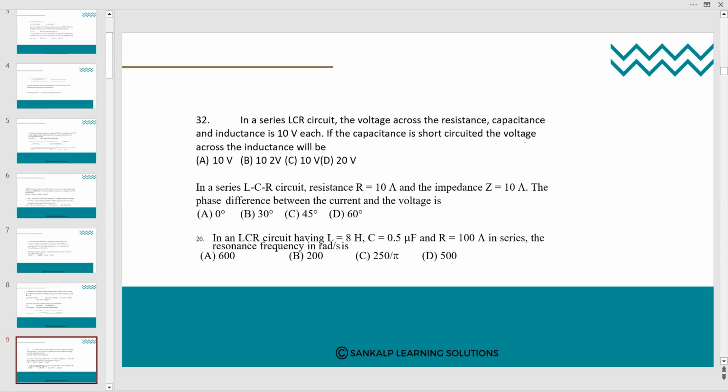If the capacitance is short circuited, the voltage across the inductance will be: options 10 volt, 10 root 2, 10 by root 2, and 20 volt. So see how to calculate the value of potential drop.